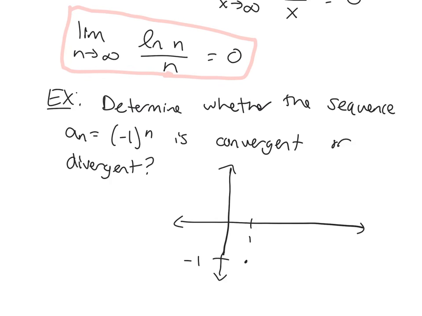And remember, these are just points because it's not a function. If I plug in 2, 1. If I plug in 3, -1, 4, 1. Do you see what's happening? You're just going up and down, flip-flopping between -1 and 1.